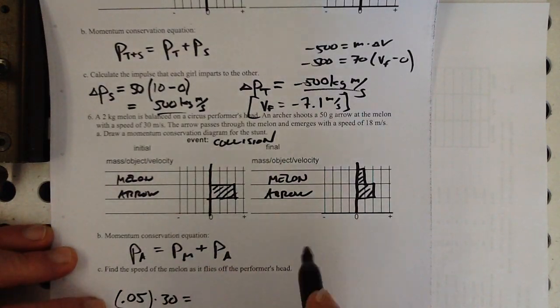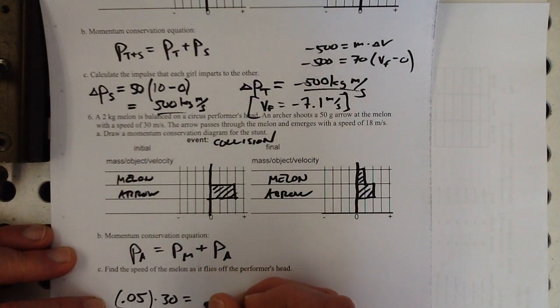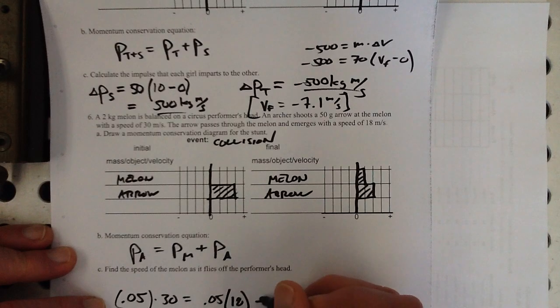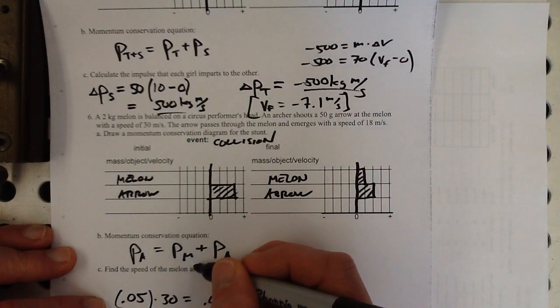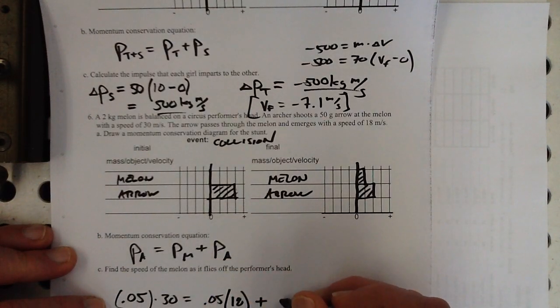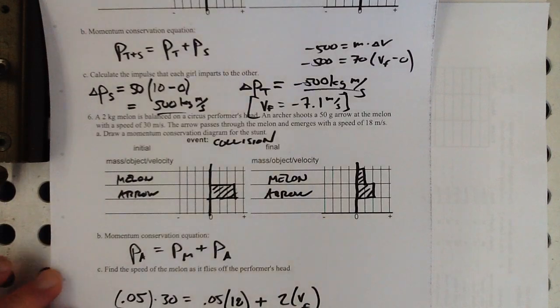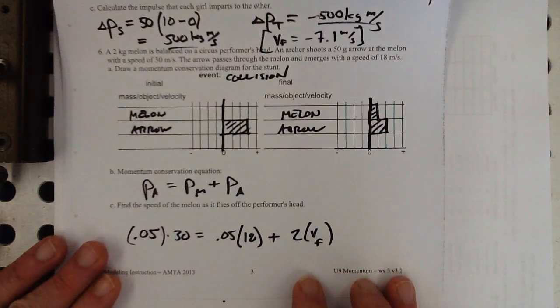And then on the other side, I have 0.05 times 18. That's the momentum of the arrow afterwards, plus the momentum of the melon. The only thing I don't know is how fast the melon's going after that arrow rips through it.